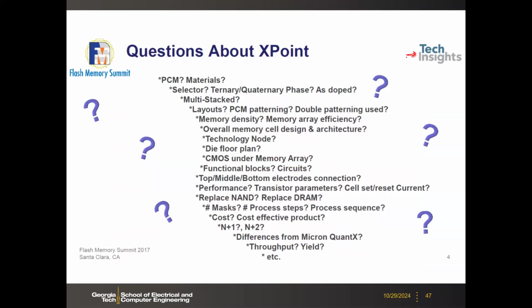They bought one of those chips from Intel and Micron, peeled off the package, put it under the microscope, and even did elemental analysis of what kind of material it was. There was a rumor that this is phase change material. Is that true? What is the selector material? What is the technology node? What is the wire width? We talk about how wire width matters, so a lot of questions.